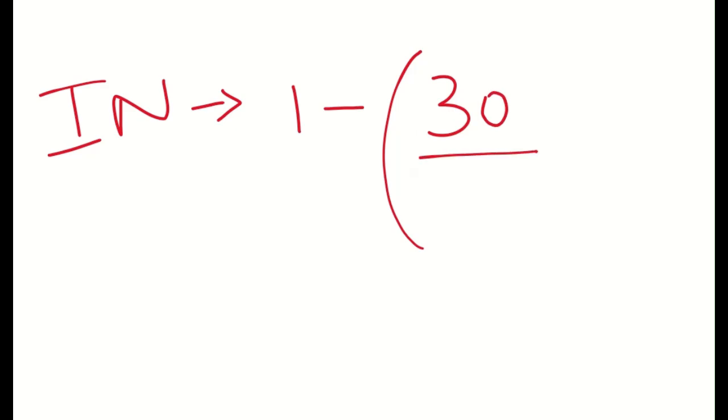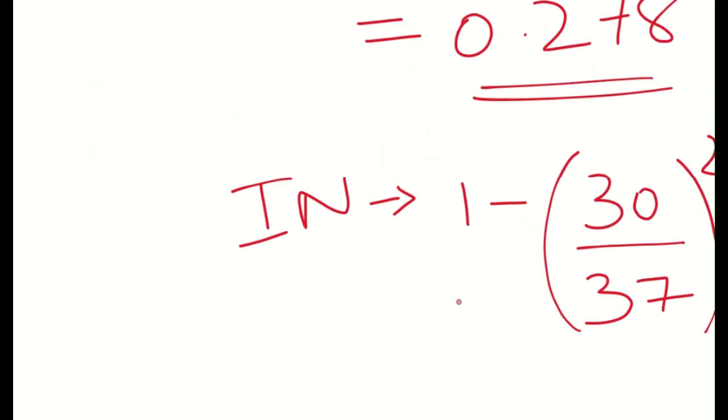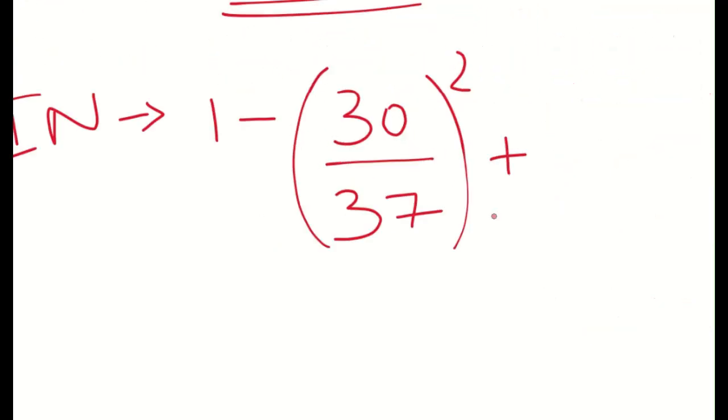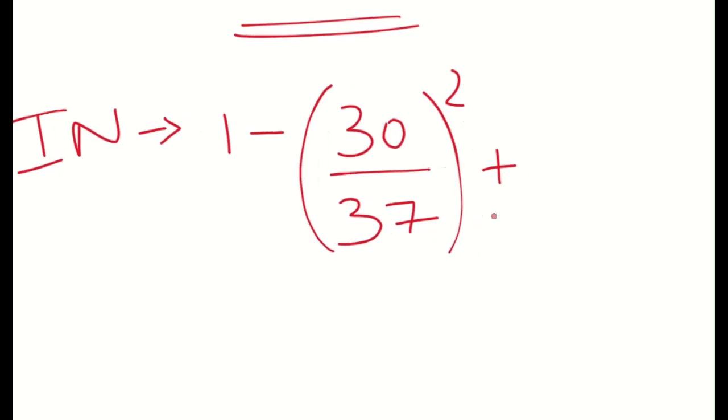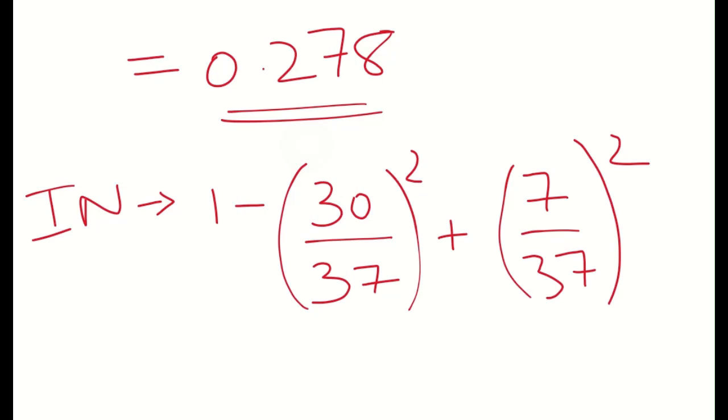Intermediate node 1 Gini index will be 1 minus 30 by 37 whole square plus 7 divided by 37 whole square.